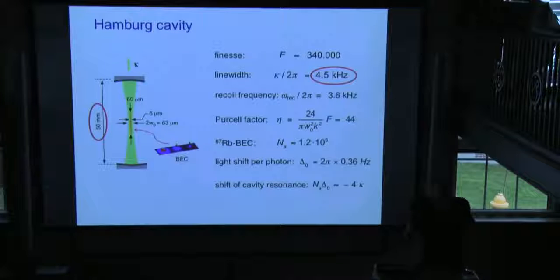Okay, this is the cavity that we have in Hamburg, and the main point, apart from the fact that it has a high finesse, is that it has a length of 5 centimeters, which means that at a finesse of 340,000, the cavity bandwidth is in the kilohertz regime.